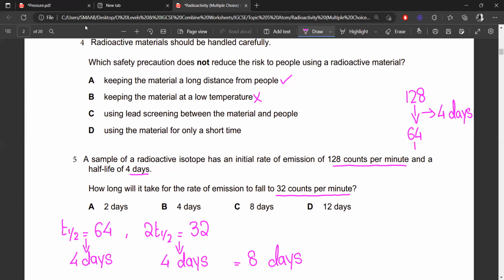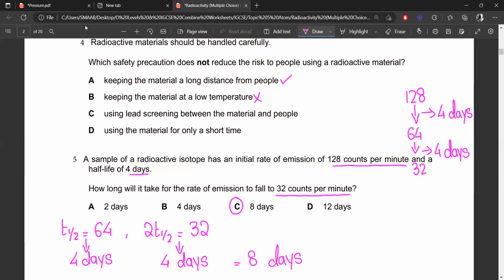Then again after 4 days, we are again getting half, which is equal to 32, right? So we take 8 days in total to reduce 128 counts per minute to 32 counts per minute. So 8 days. Yes, sir.